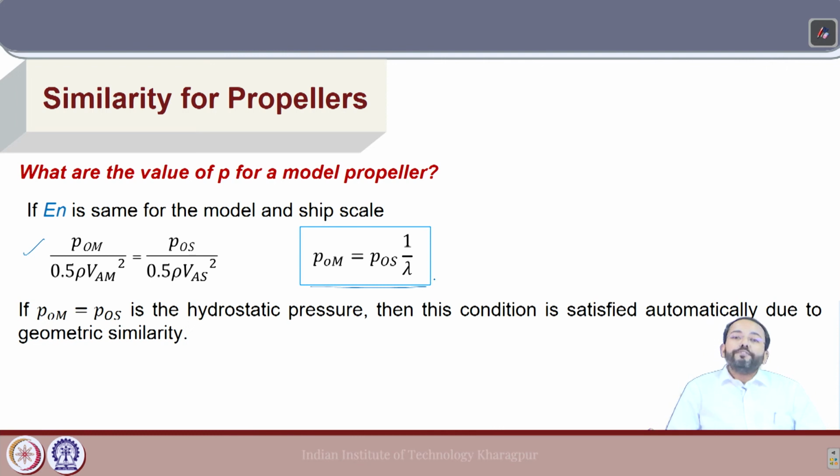So, if this pressure is the hydrostatic pressure, then this condition is automatically satisfied because the hydrostatic pressure is proportional to the depth, and because we have scaled all the linear dimensions with respect to the scale ratio lambda, the hydrostatic pressure is also automatically scaled. So, this is already satisfied if we take the Euler number the same between the model and full scale using the geometric similarity lambda here.